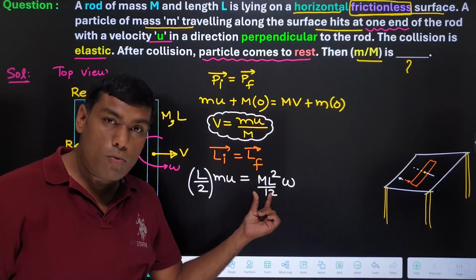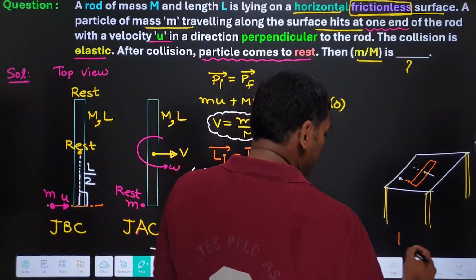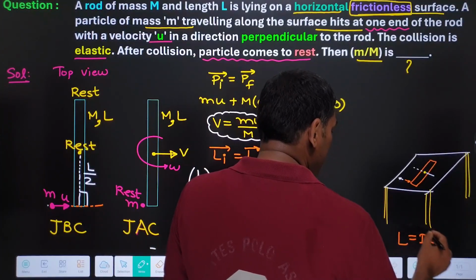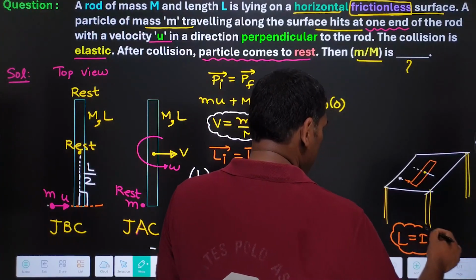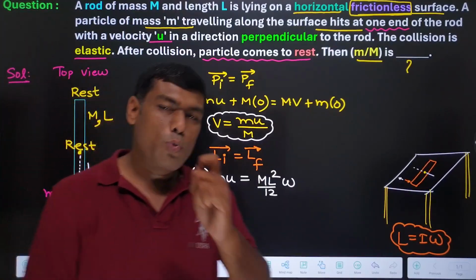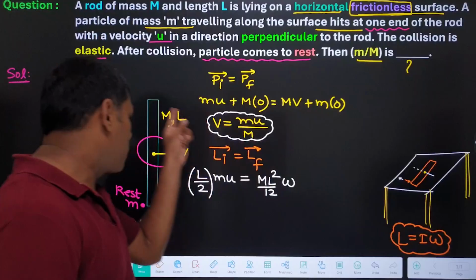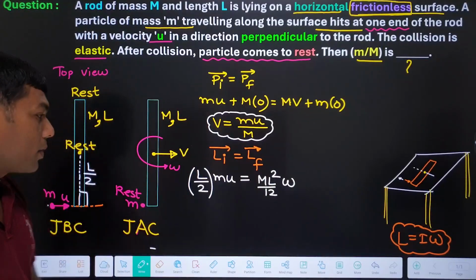I center of mass into omega. You might remember that formula, L is equal to I omega from the rigid body dynamics. The rod is spinning about its center of mass, so we have taken I center of mass as mL square by 12, and rod's angular speed is omega.